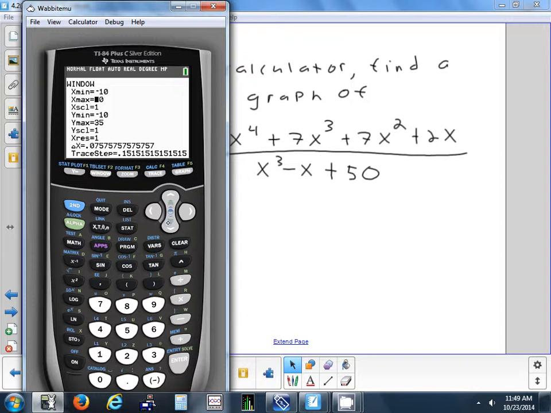Okay, let's set our y min and max. Let's zoom way in. Negative 0.5 to 0.5. So now the whole screen is going to be just one unit from top to bottom. Okay, starting to see something in that space. Let's try even negative 0.1 to 0.1.